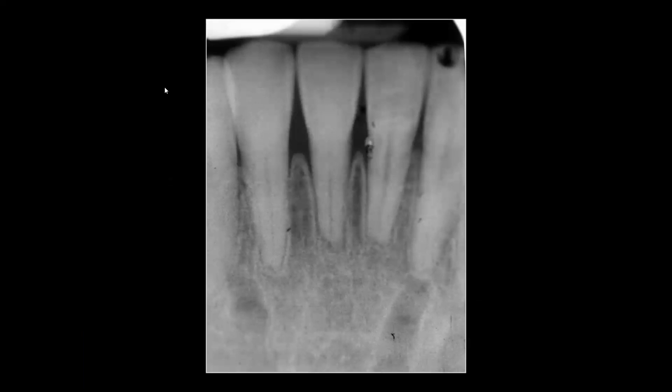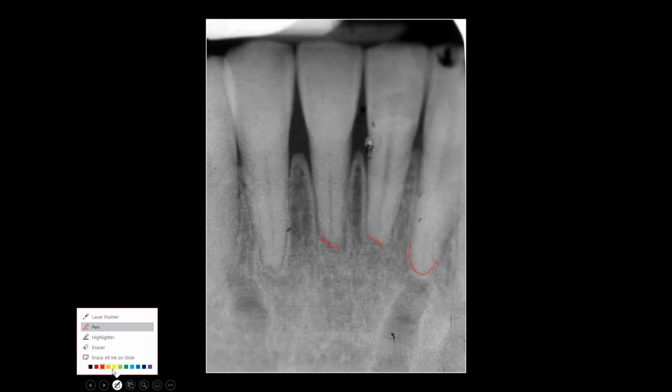Trauma, you know, you ask the patient when you take an x-ray, you look at the roots, you can see the central incisors are a little short compared to the laterals. And you also notice that the shape of the end of the root is a little different. So trauma can definitely do it.